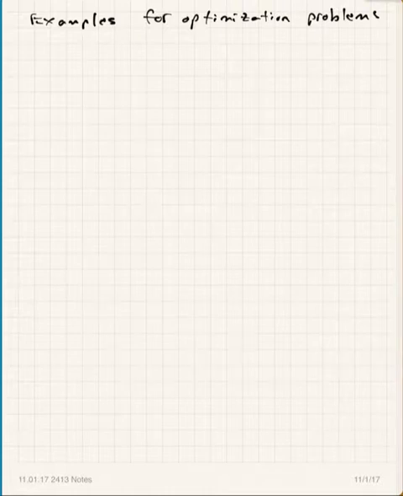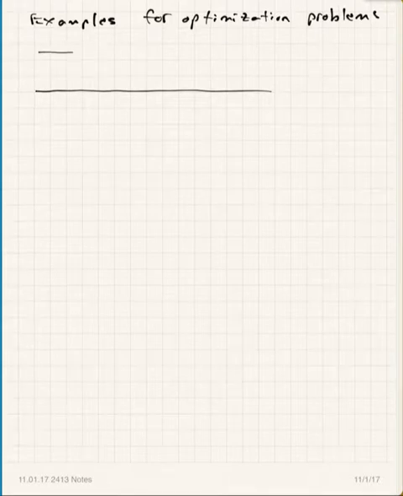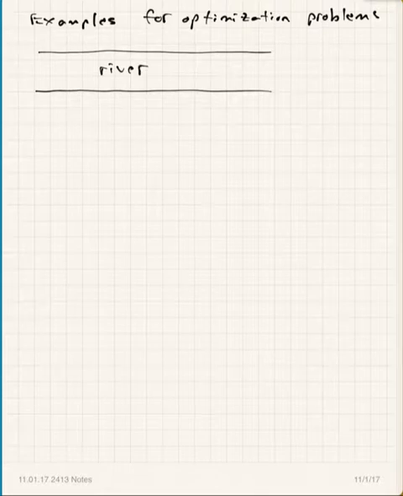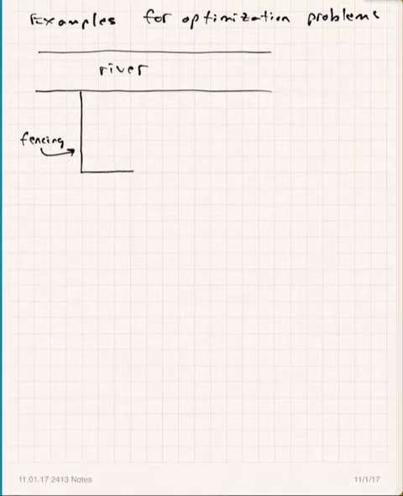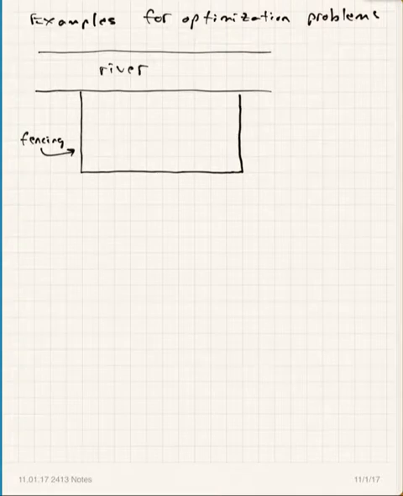Okay? So first problem, let's say that we have a river that's running like this, and not a typical river because the sides are going to be parallel like that. And we're building fencing here along the side of the river. So this is fencing right here, and we're going to fence a rectangular area alongside this river, like this.